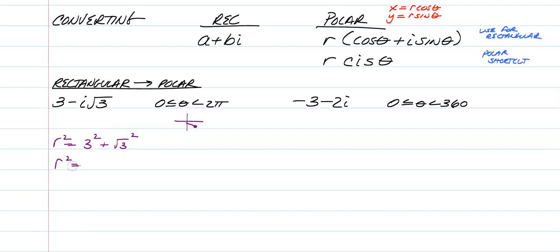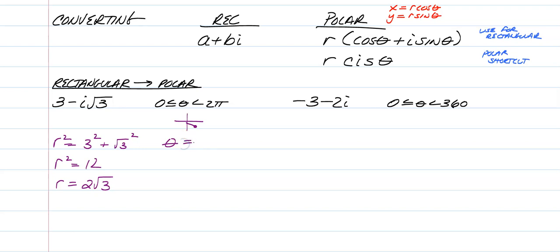So r squared is equal to 9 plus 3 is 12. So r is equal to 2 root 3. And now we have to go find our theta. Now theta is something that we covered the other day as well. So for theta, remember, it's just the inverse tangent of y over x.